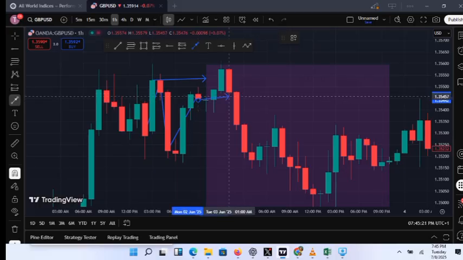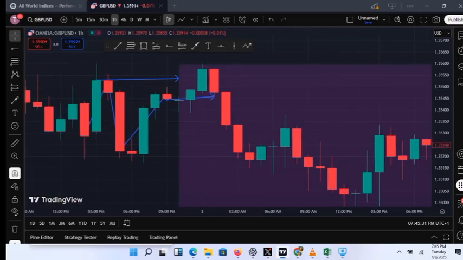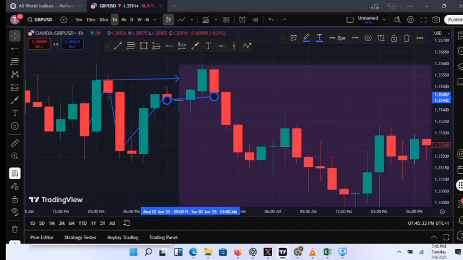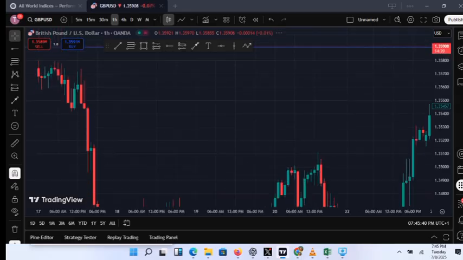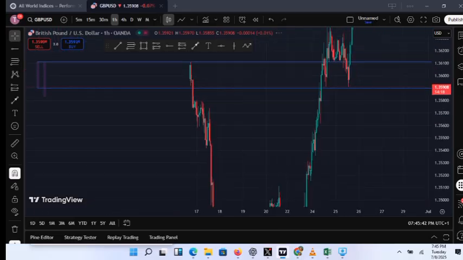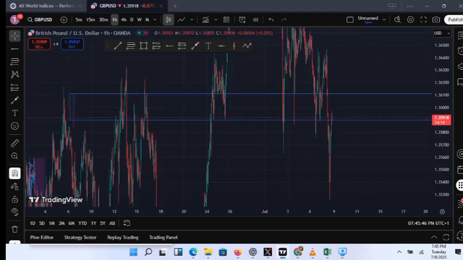Giving us a break of market structure. I don't like how this thing is not straight. Okay.